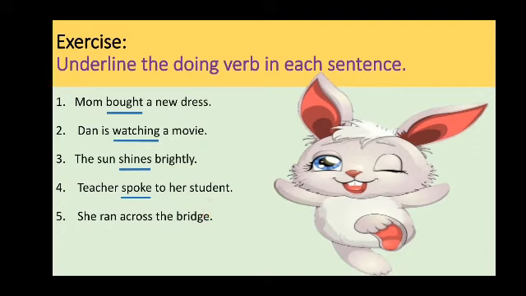What is doing verb? Can you see? Yes. Ran is the doing verb in this sentence. They live in London. What is doing verb in this sentence? Live. Okay, now we have understood what is doing verb.